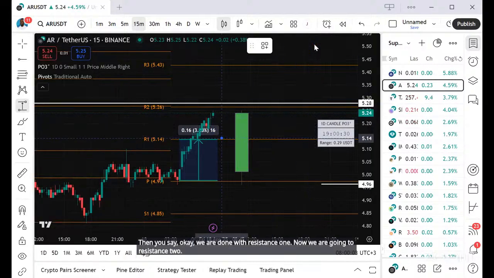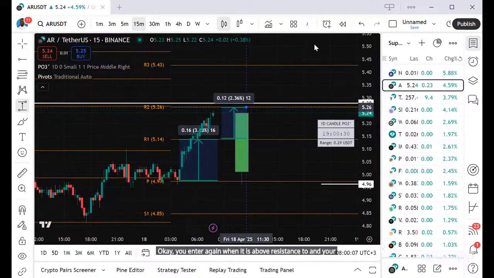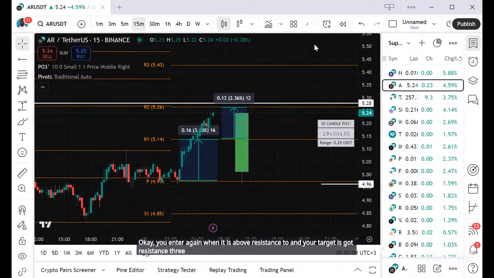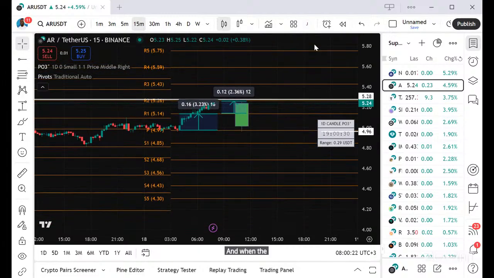You enter again when it is above resistance 2, and your target is resistance 3. Are we together? That is how simple pivot points work. And when the coin goes to R3, it has basically been overbought. And when the coin goes down to S3, the coin has been oversold. Simple logic. But I want to explain to you how these pivot points are used.